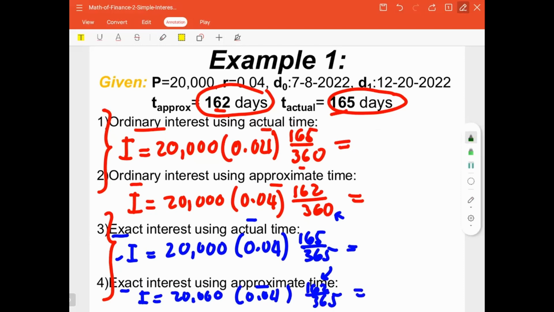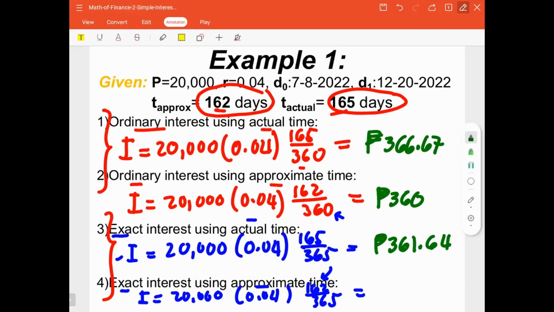Okay, so when you simplify this, you'll get that the first one will be 366.67, while the second one will be 360 pesos. Then the third one will be 361.64 pesos. And the fourth one is 355.07 pesos.